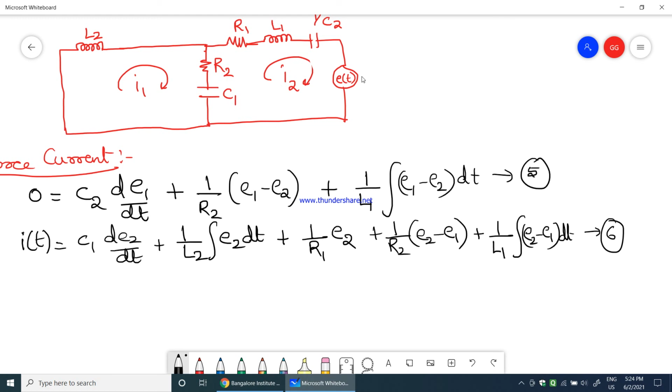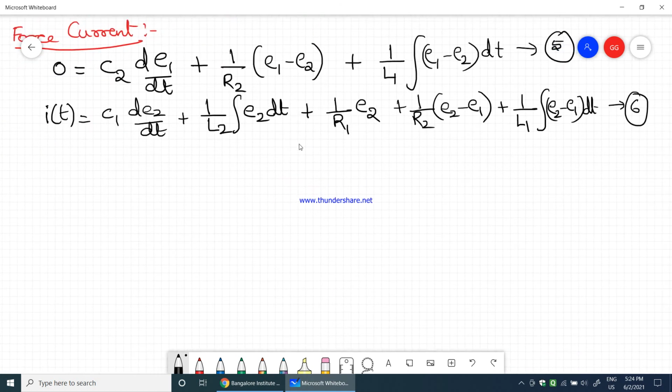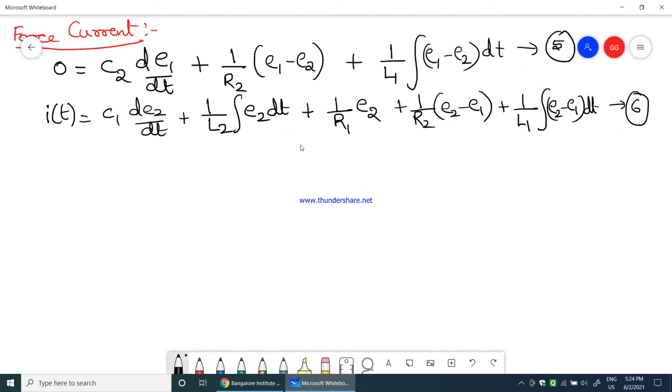Now with these two equations we need to construct the force current analogous network diagram. The number of voltages on the right hand side will be equal to the nodes here. So I have E1, I have E2. Now I have C2 which is only connected to E1, so I'll take ground.